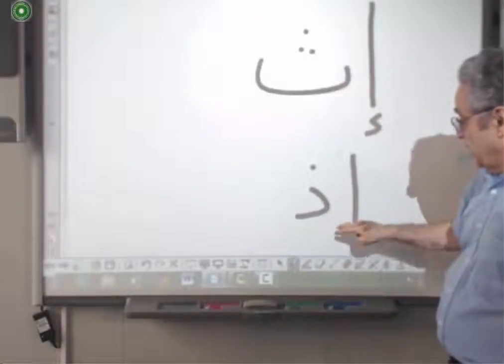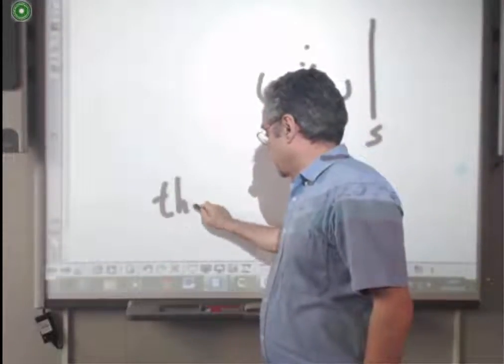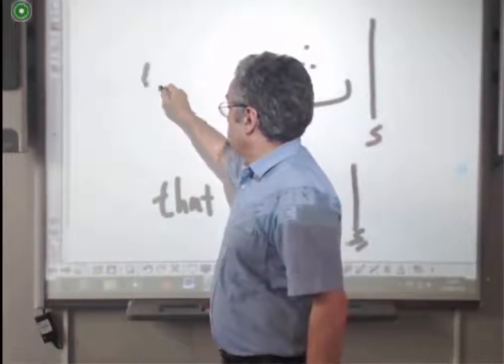So if, and maybe in English it sounds like that, while ta, maybe you say through.